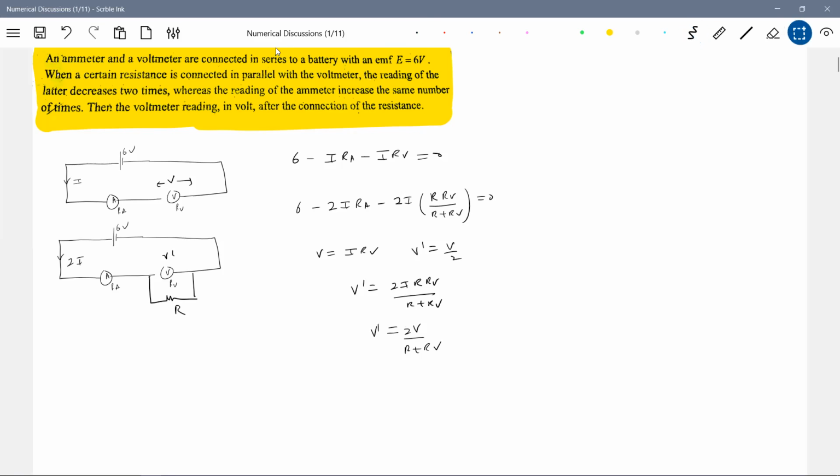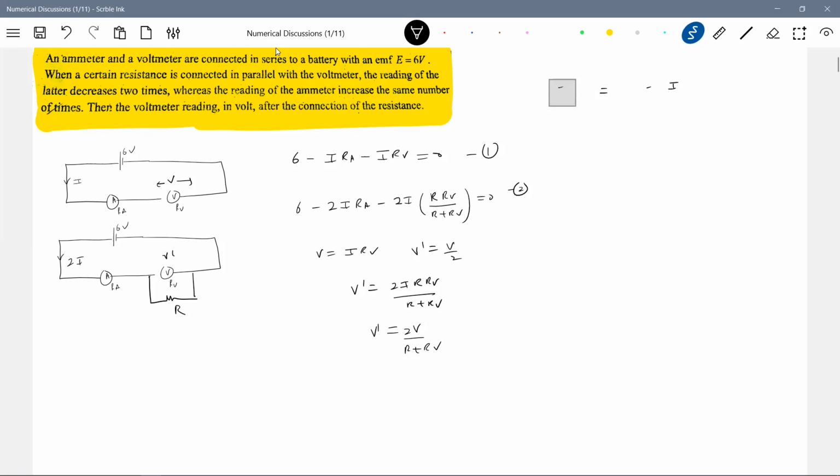Anyway, this is some equation. Can we eliminate IRA? So equating these two, 6 minus IRV equal to 6 minus 2I.